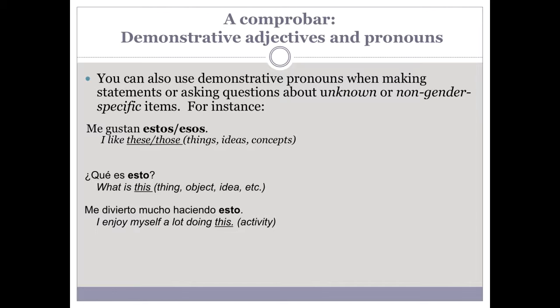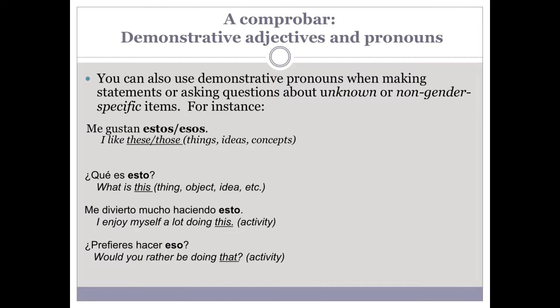Me divierto mucho haciendo esto. I enjoy myself a lot doing this. An activity. It's neither masculine nor feminine. ¿Prefieres hacer eso? Would you rather be doing that? An activity. Now notice that in all of these, it's ending with the O. Esto, esos, esto, esto, eso.